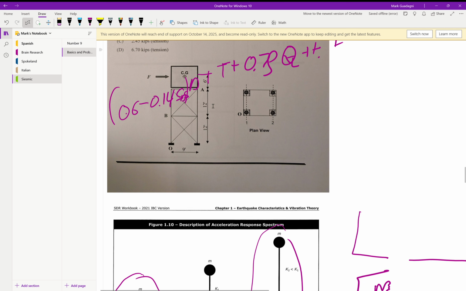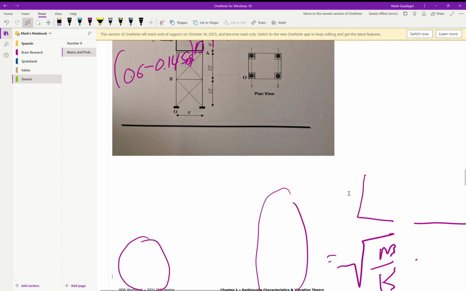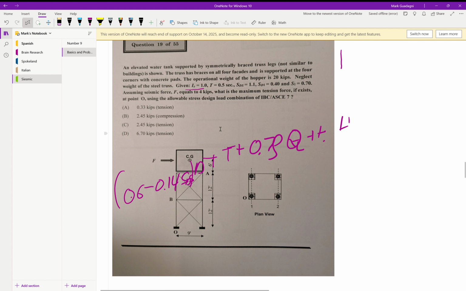So if they're asking us for the minimum effects, then what we are going to have to do is assume that the seismic load and the other load, the dead load, counteract each other. So the dead load at each support is going to be 20 kips divided by 4, so D equals 5 kips, and that's compression.